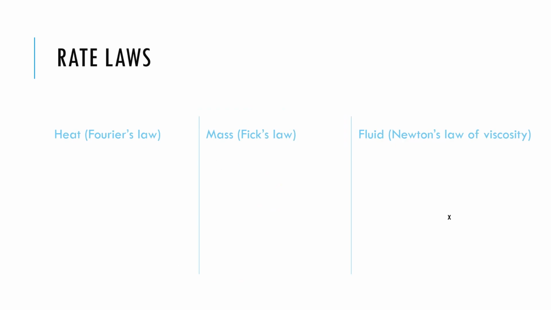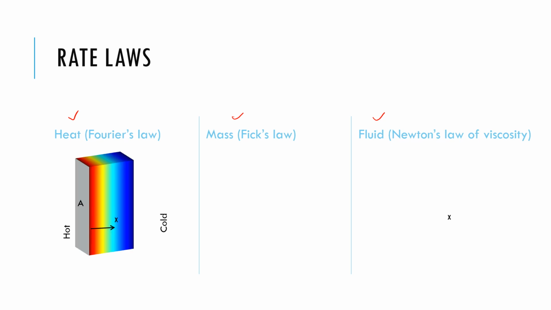We need a different rate law for each one of the physics: heat, mass, and fluid, and they are different for the different physics, but the form of it, the construct or the formulas, are very similar, as we will see.